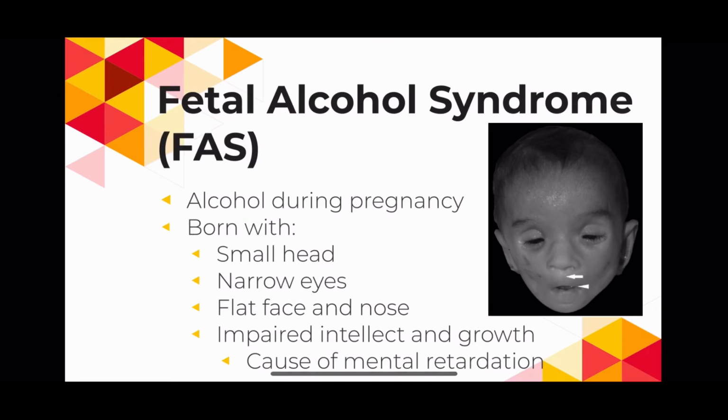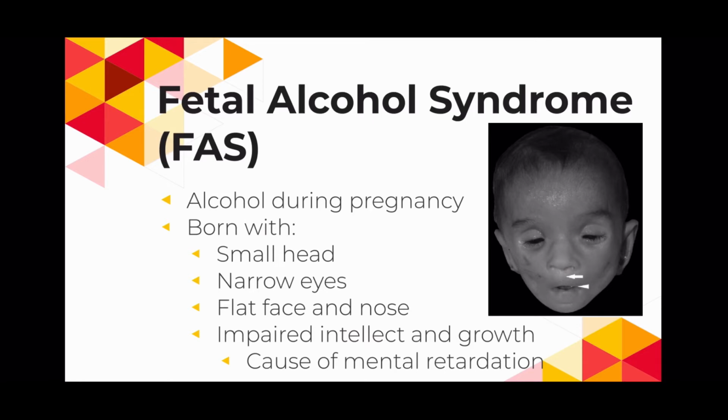The last congenital neurologic abnormality we are going to discuss is fetal alcohol syndrome, also known as FAS, and that is also one of your abbreviations. So this syndrome, as you can probably guess from the name, is caused by alcohol exposure of a fetus during development, obviously due to a mother consuming alcohol while she's pregnant.